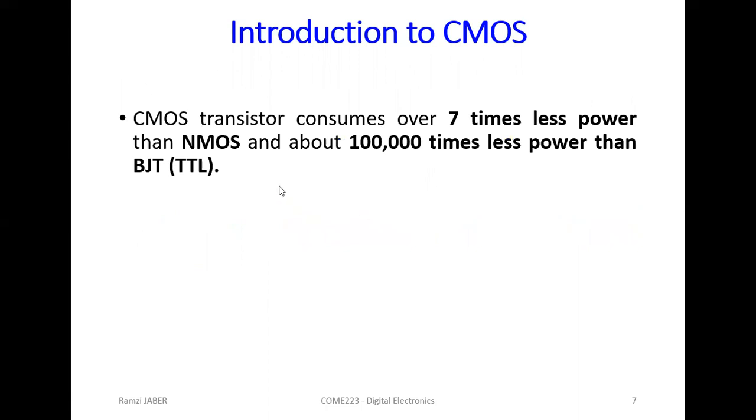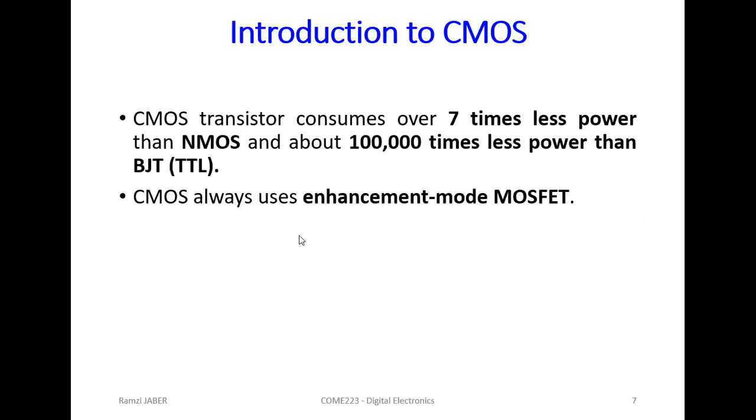So a CMOS transistor consumes over 7 times less power than NMOSFET and about 100,000 times less power than TTL, BJT TTL. Imagine that, 100,000 times less power than TTL.